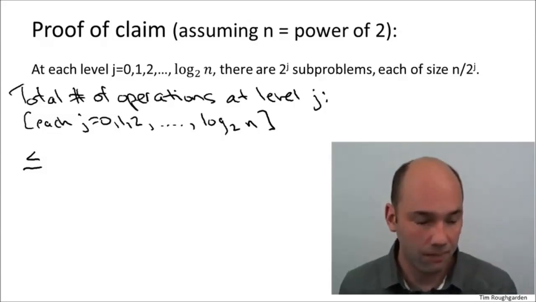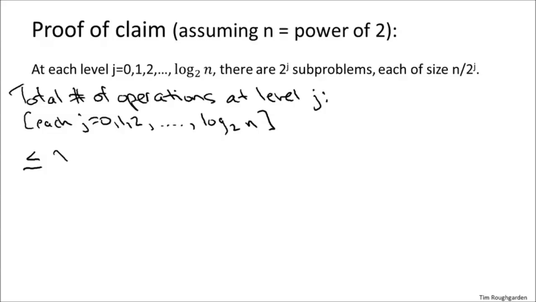So here it is in more detail. We start with the number of different subproblems at level j, and we noticed that was at most 2 to the j. We also observed that each level j subproblem is passed an array as input which has length n over 2 to the j.